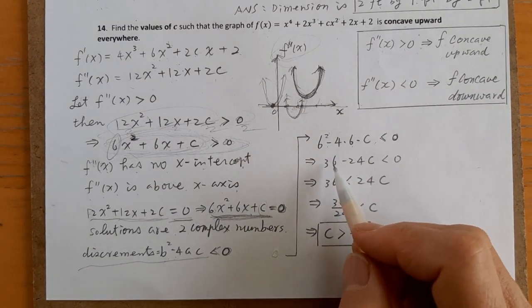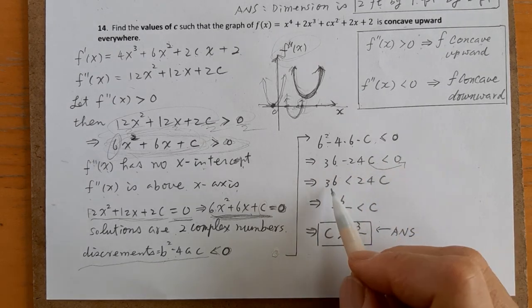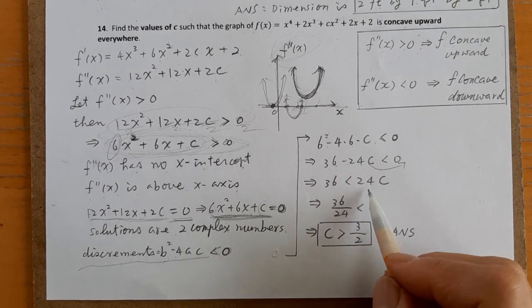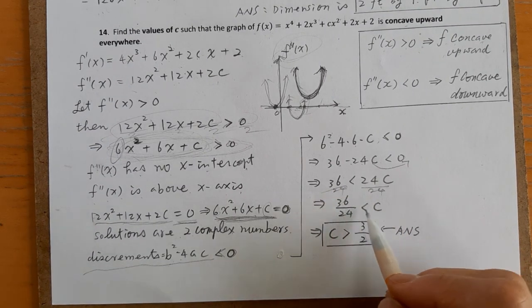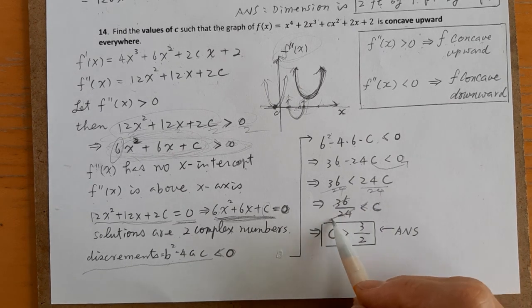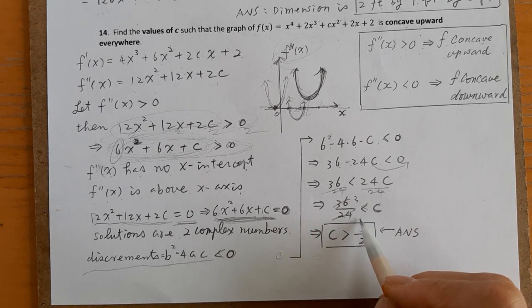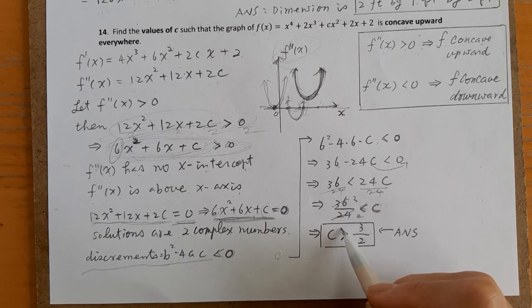Then solving it, 36 minus 24c is less than 0. Move 36 over: 36 is less than 24c. Divided by 24, we get 36 over 24 less than c. Cancel 12, get 3 over 2, so c is greater than 3 over 2.